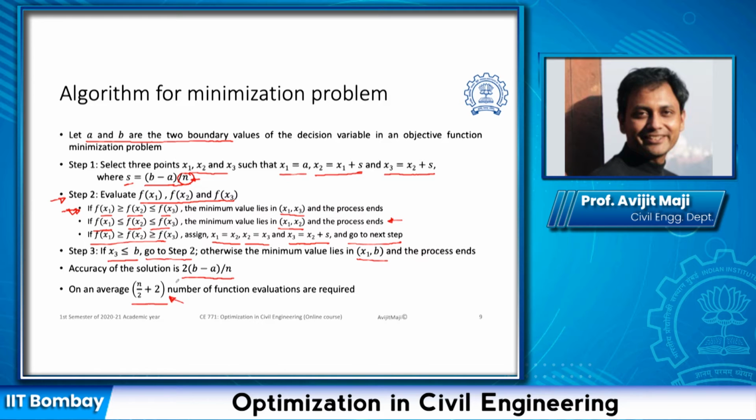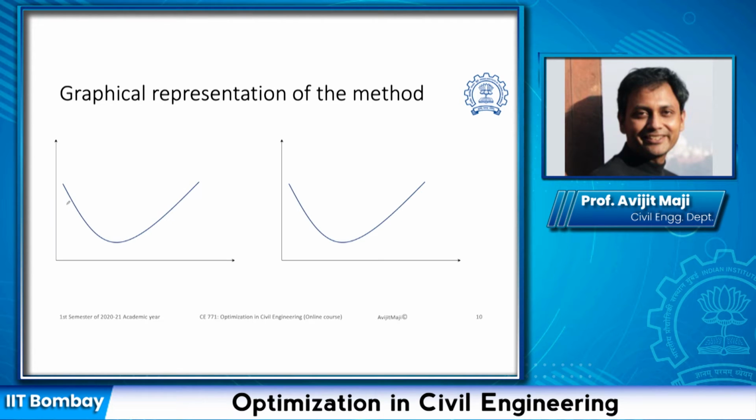So let us first see how this method works in a graphical representation. If my objective function looks like this, which is unimodal, in this case we have only one optimum solution, which lies here.